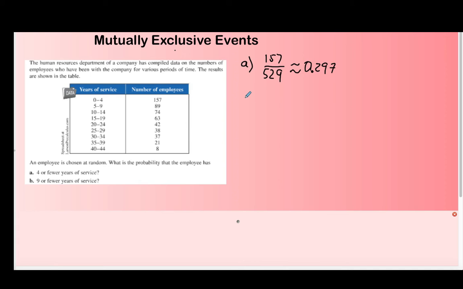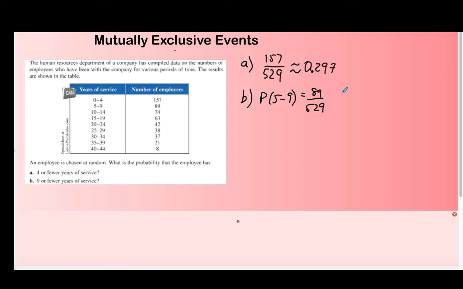And then B, what about the probability of 9 or fewer years of service? Well, we've already figured the probability of 4 or fewer. The probability of 5 through 9 is 89 out of 529. So the probability of 9 or fewer, since these events are mutually exclusive, the answer to part A and the answer to part B, you couldn't have more than 5 and also 4 or less years of service.